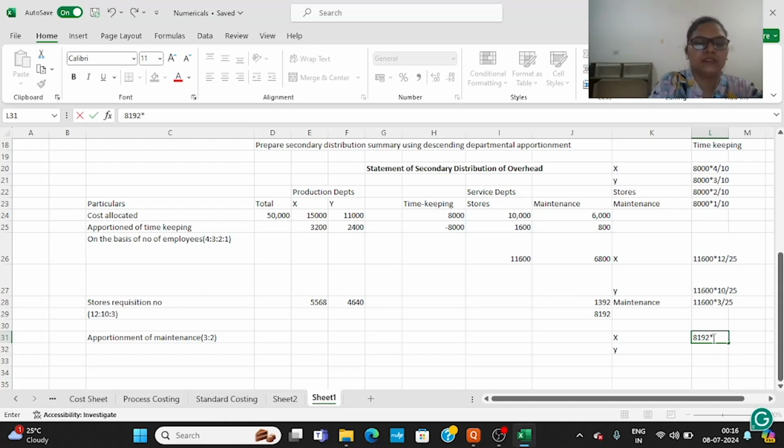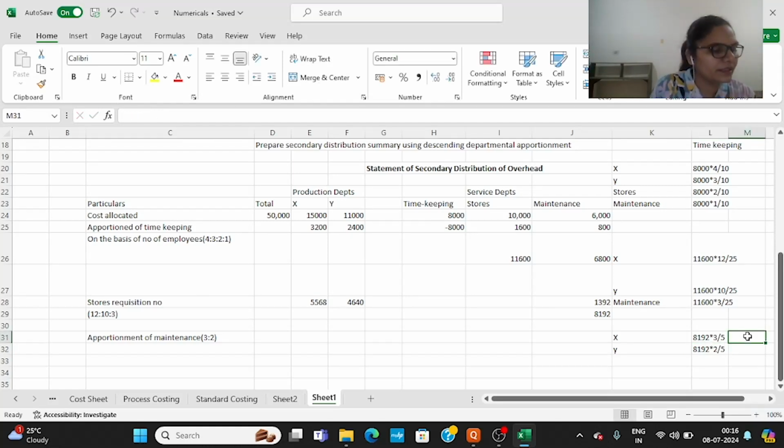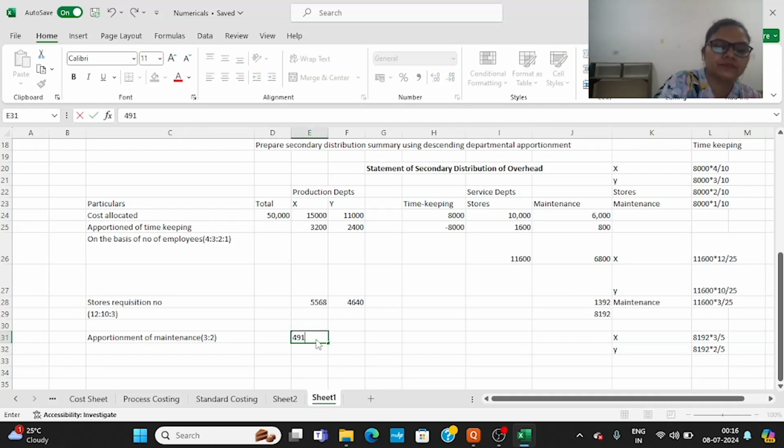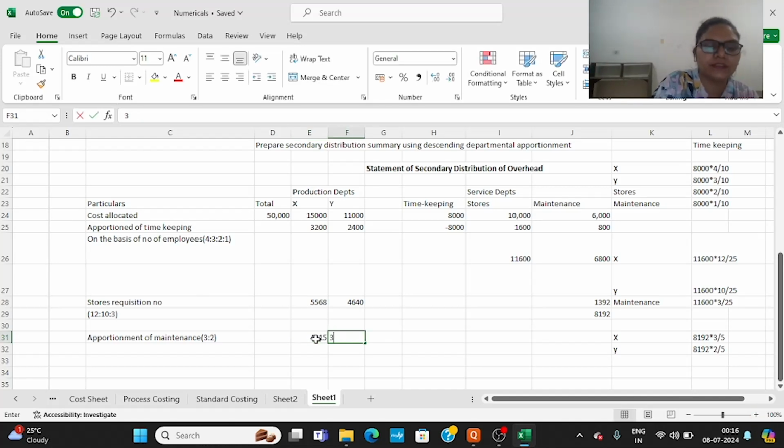8192 into 3 divided by 5. Similarly, 8192 into 2 divided by 5. It will come out to be 4915 and 3277.